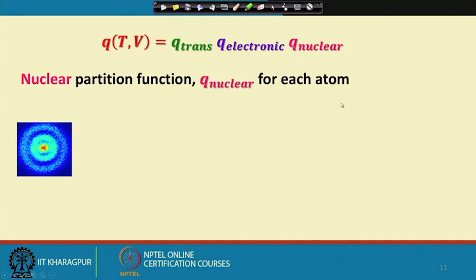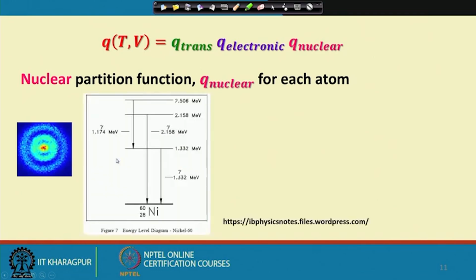So, how to find out the nuclear partition function for each atom? Once again we are looking at the microscopic structure within the atom, and we know that the nucleus is present at the center, and one can indeed probe the energy difference between the different nuclear energy states by looking at some kind of radioactive process, and the typical energies of the radiations which come out in the form of alpha or beta particles or gamma rays.